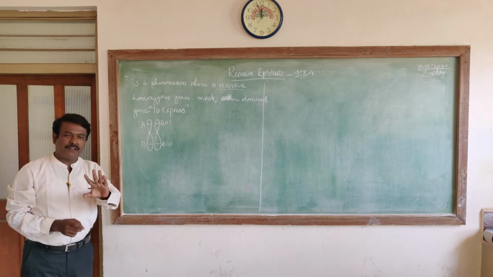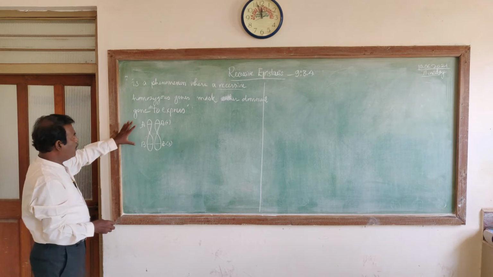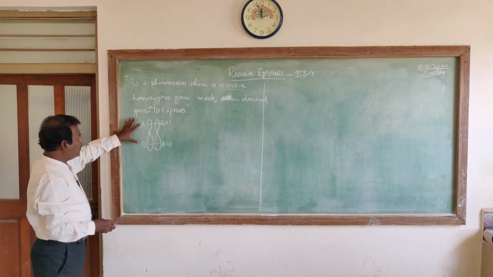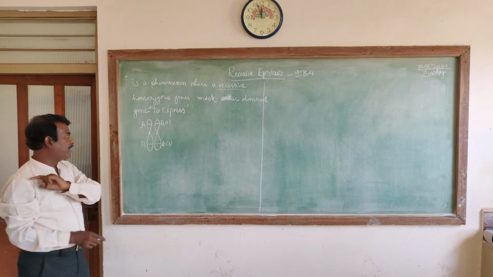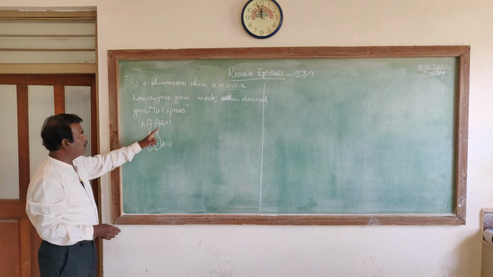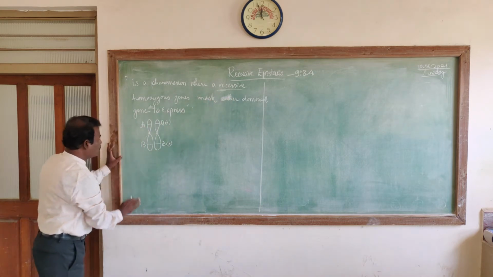In the previous supplementary, complementary or epistatic gene cases, two dominant genes are always present to express a single phenotypic character. But here is something different. So as to understand this recessive case, let me show it.